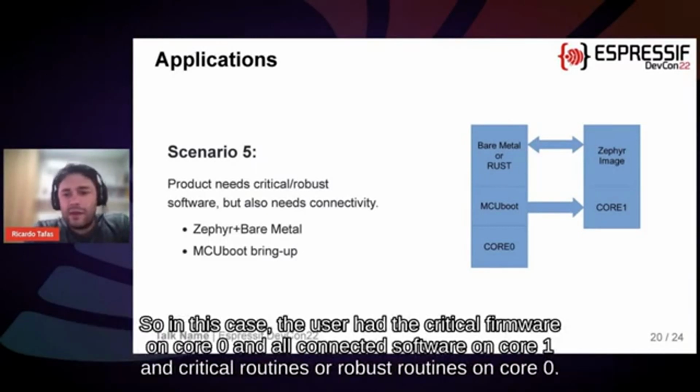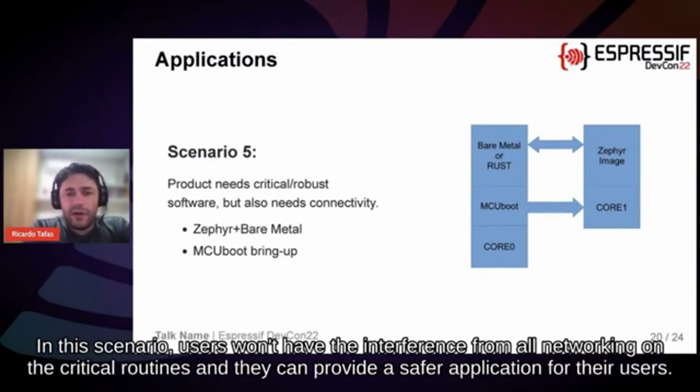So in this case, the user has the critical firmware on core 0 and all the connected software on core 1, and critical or robust routines on core 0. In this scenario, users won't have interference from networking on the critical routines, and they can provide a safer application for their users.